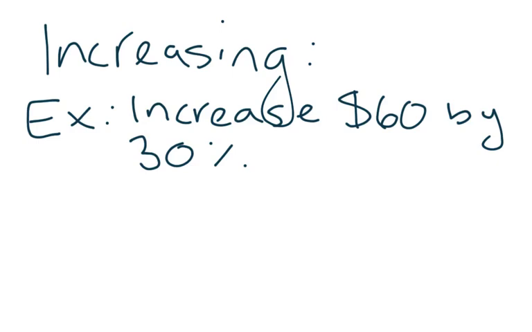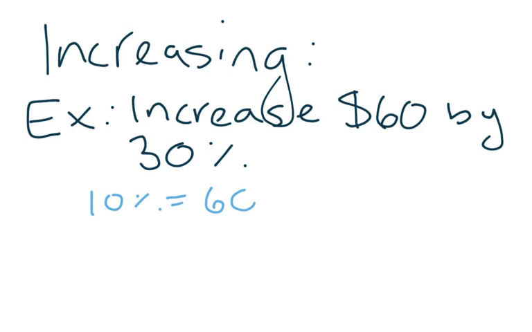Okay, so if we're doing a percentage increase, remember the first step is always, if we're doing it mentally, and this one is an example you could do mentally because it's a nice round number of $60 and a nice percentage of 30%. So remember with percentage of a quantity, we always find 10% first because it is the easiest one to work with.